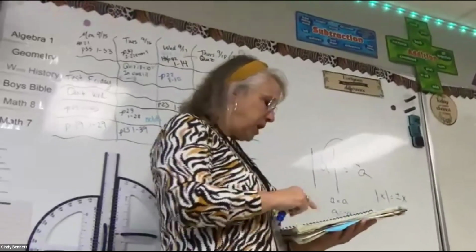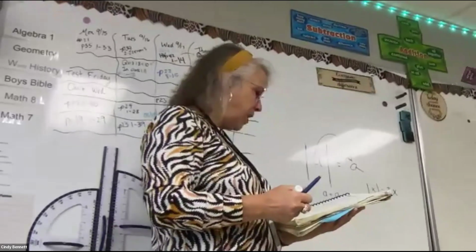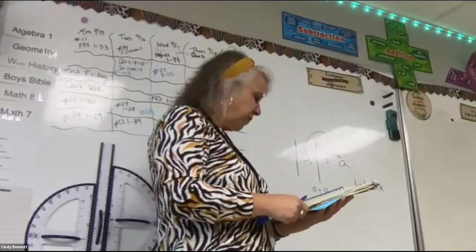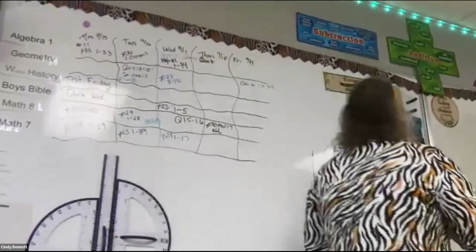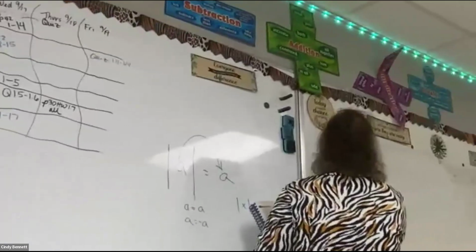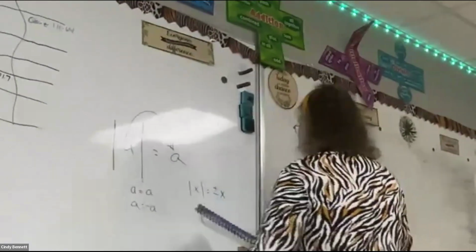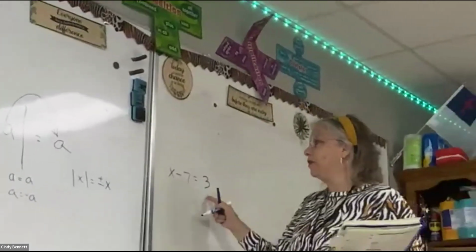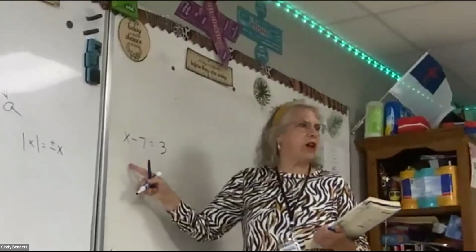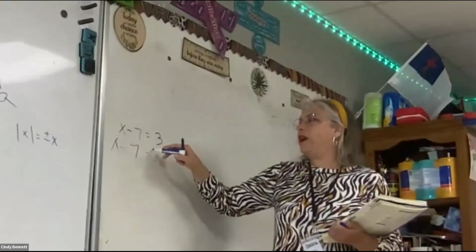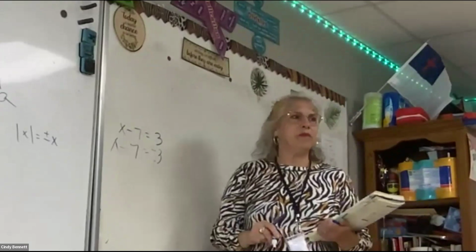The next one, B, on page 43, says absolute value of x minus 7 equals 3. So what we're going to do here is say x minus 7 could be 3. Whatever's in that absolute value sign could be 3, or x minus 7 could be negative 3.